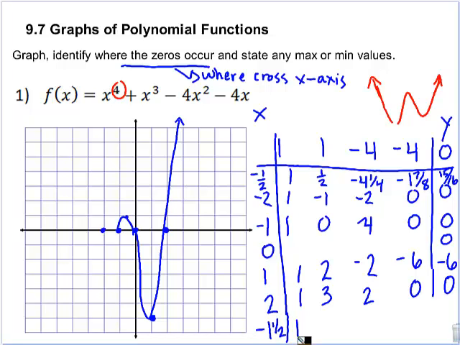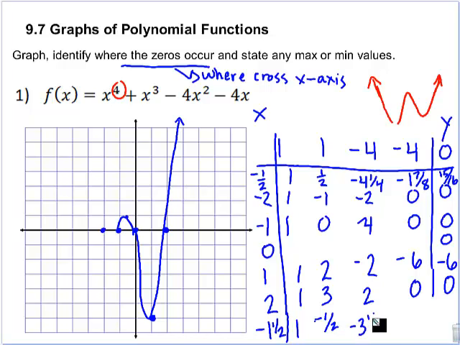So 1 times negative 1 and a half, negative 1 and a half plus 1, just negative half. Negative a half times negative 1 and a half. 3/4. 3/4 plus negative 4.